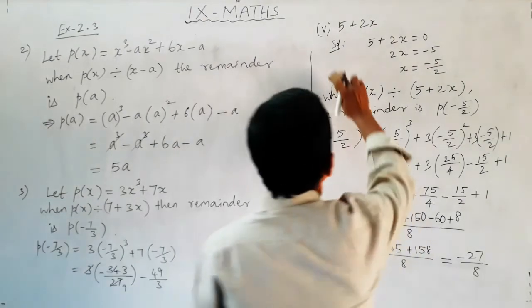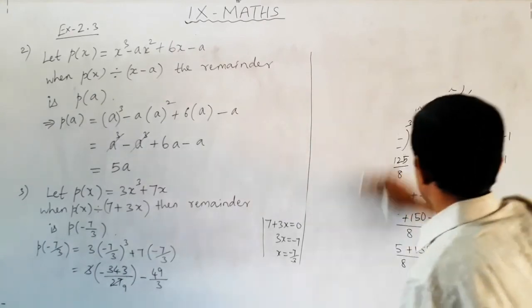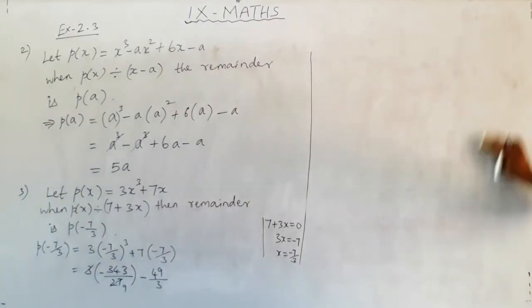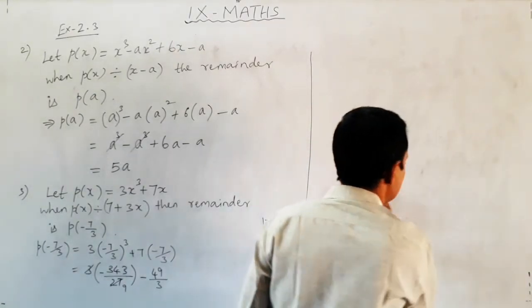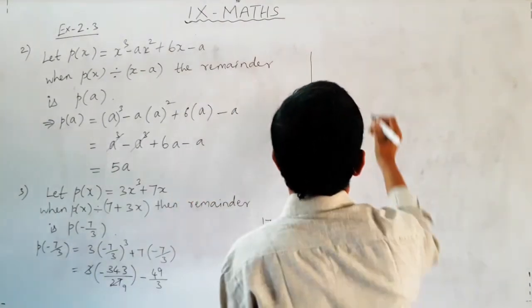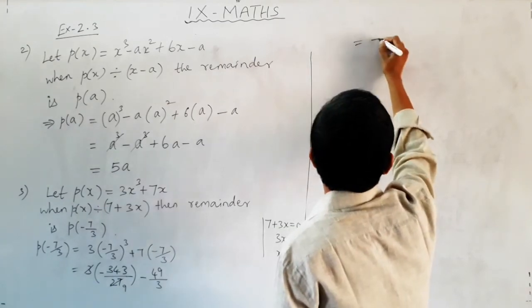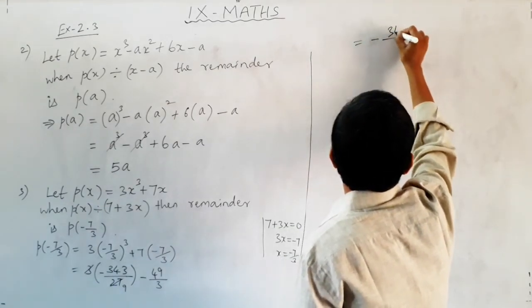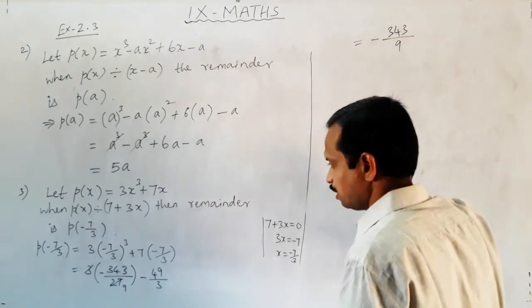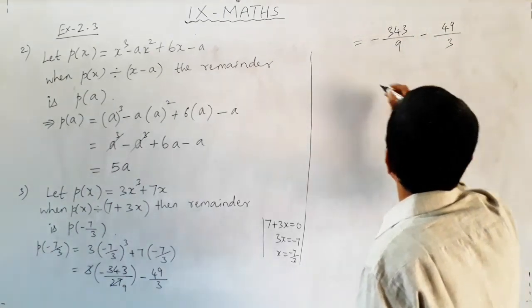So here comes the simplification. Listen carefully how we are simplifying it. This is equal to minus 343 by 9 and then minus 49 by 3.